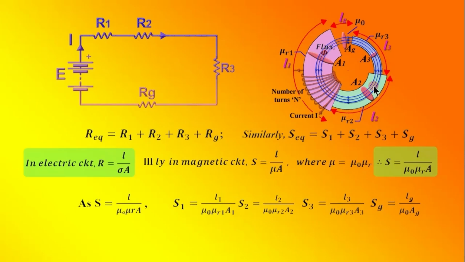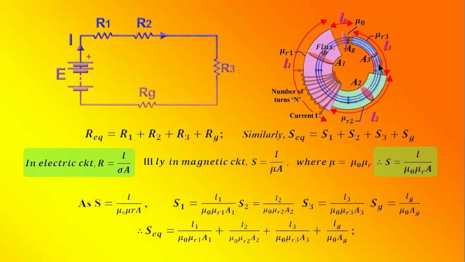Similarly, the reluctance of this portion S2 is L2 divided by mu 0 mu R2 A2, S3 is L3 divided by mu 0 mu R3 A3, and Sg is equal to the length of the air gap Lg divided by mu 0 into Ag, the area of cross section of that free space. Here mu r is 1, since the relative permeability of free space is 1. Mu 0 of free space is 4 pi into 10 raised to minus 7.